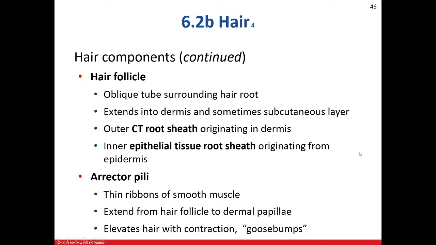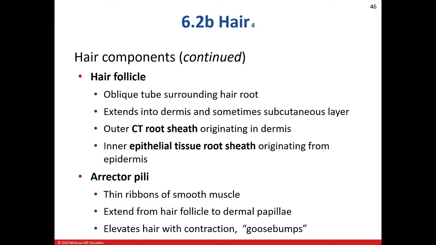All right, so the hair components continued. Yes, we have the hair follicle, which is the tube that surrounds the hair root, and it extends into the dermis from the epidermis, and sometimes deep down into the hypodermis. There's an outer connective tissue root sheath that originates in the dermis and it surrounds the hair follicle.